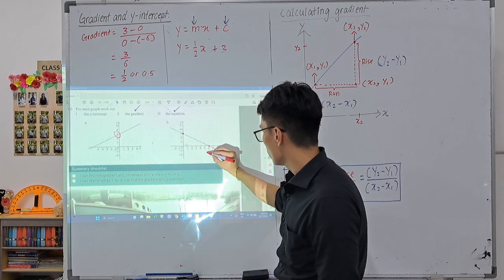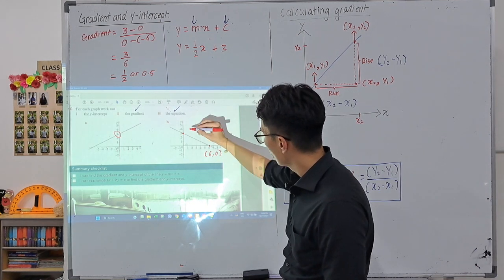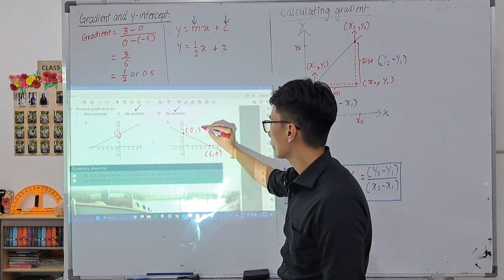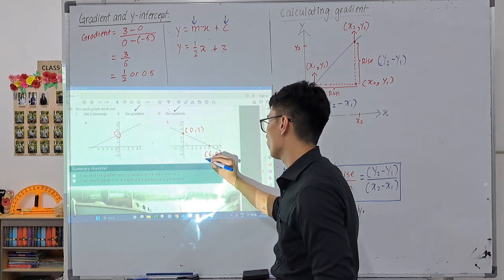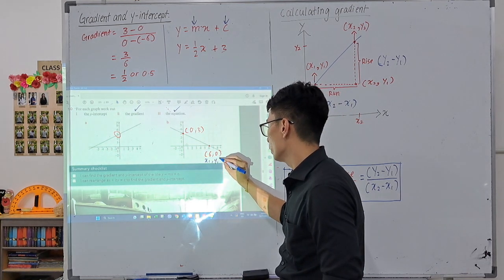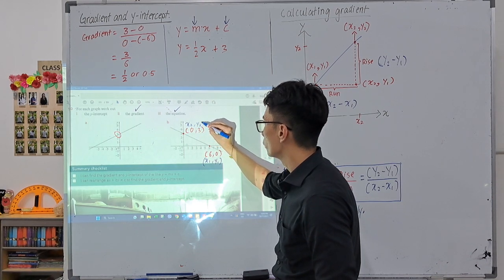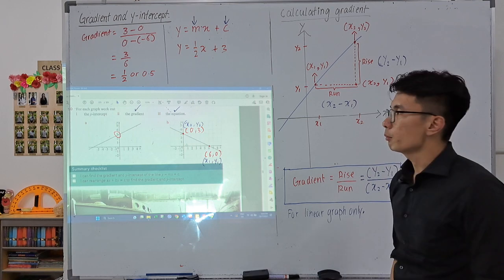So this one, my x-intercept, the coordinate is 6, 0, all right? For my y-intercept, the coordinate is 0, 3, okay? So again, I found this first, so let's call this x1, y1, and this one I will call it x2, y2, all right?